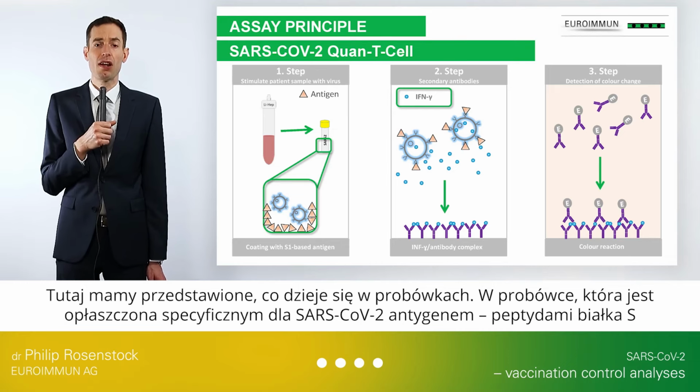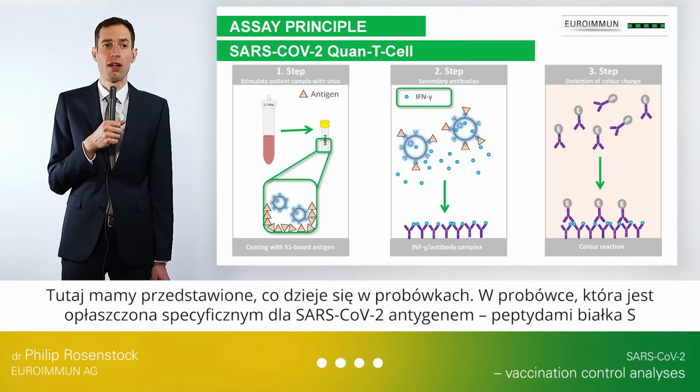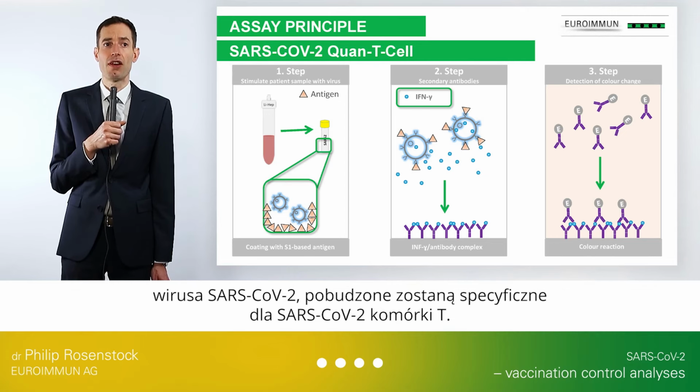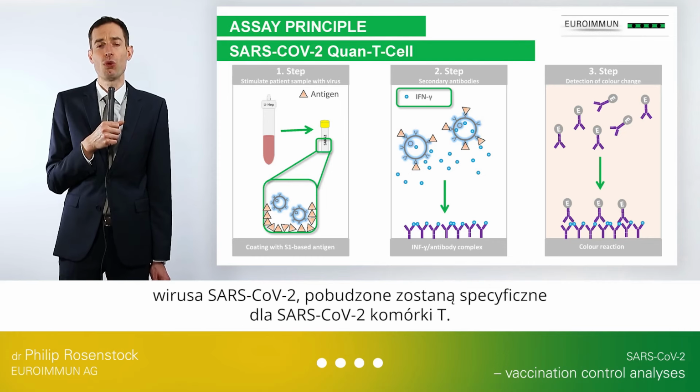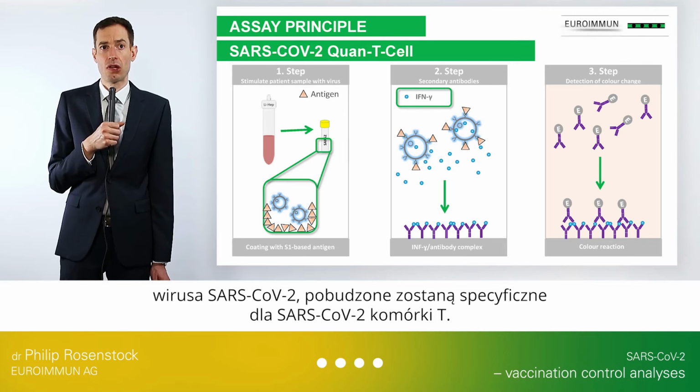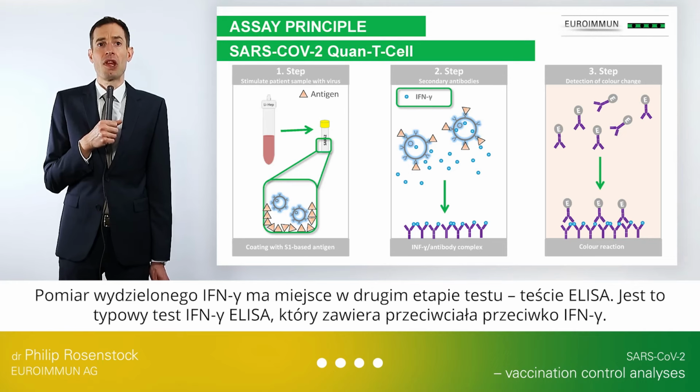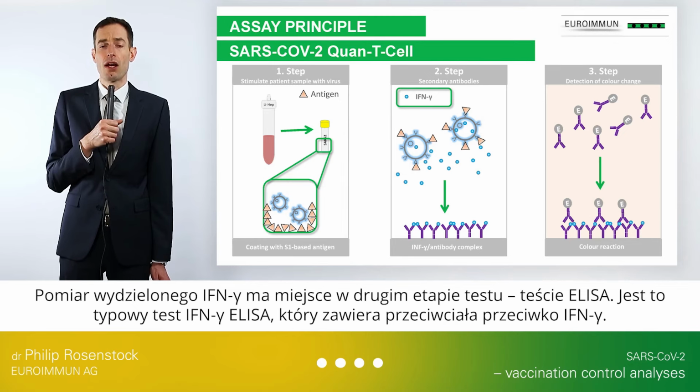So this is what's going to happen in the tubes. In the specific tube that is coated with S1 spike peptides, the T cells that are specific for SARS-CoV-2 are going to be stimulated. The secreted interferon gamma is then analyzed in an ELISA.